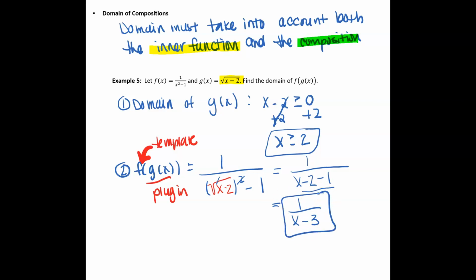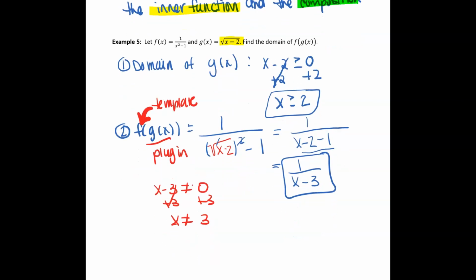And so we need to not only take into account the domain of the inner function, but take into account the composition of them, because this is a rational function, and with it, x minus 3 cannot equal 0 because we can't have division by 0. So when we compose them together, x also can't be equal to 3.